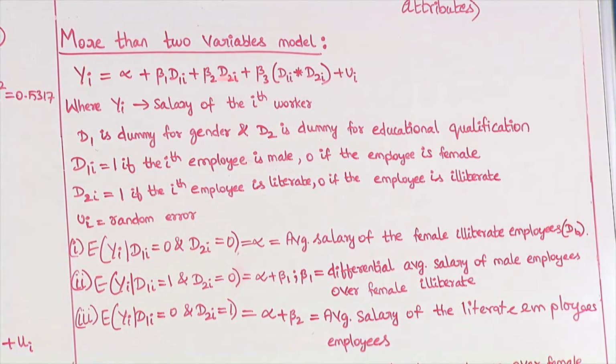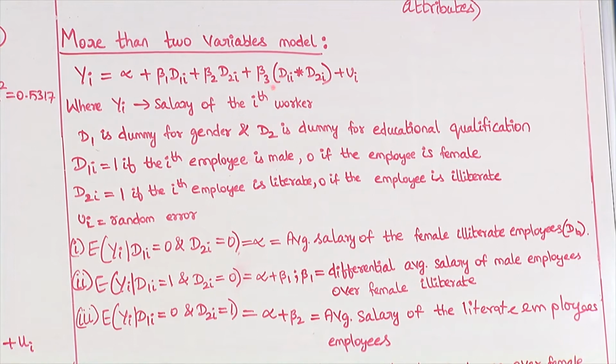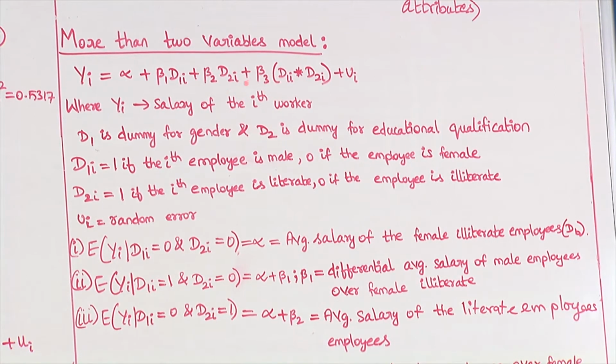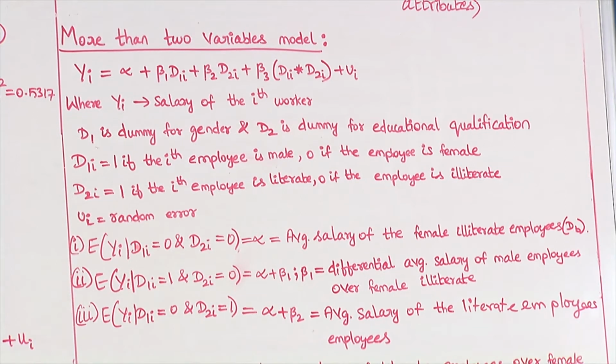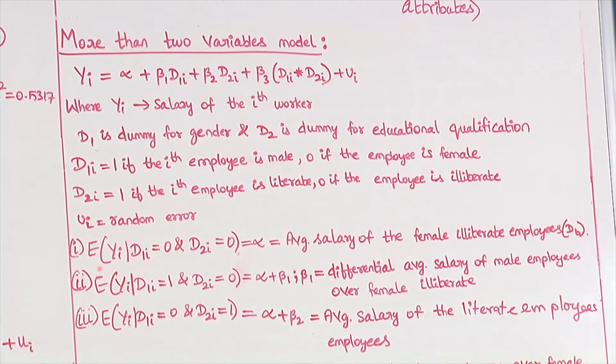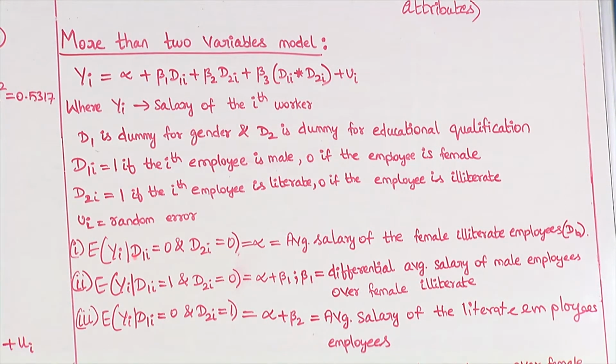Let us see now the meaning of each of the individual coefficients. First one, we will take the conditional average of Yi, the salary, given D1i is equal to 0 and D2i is equal to 0, that is alpha, that is the average salary of the female illiterate employees, that is the base category. Here the female and illiterates are the base category.